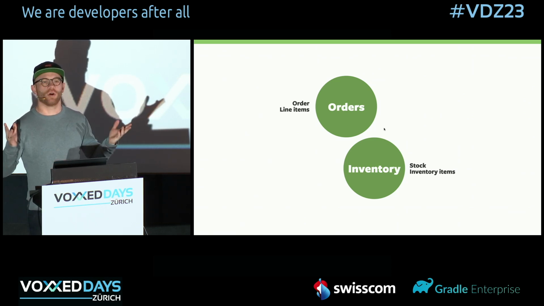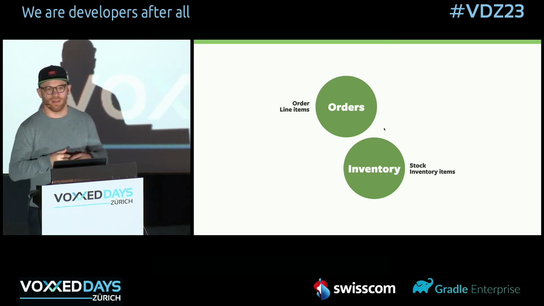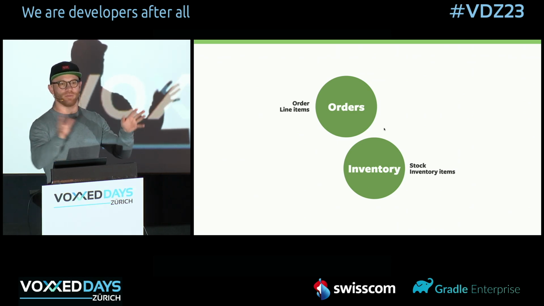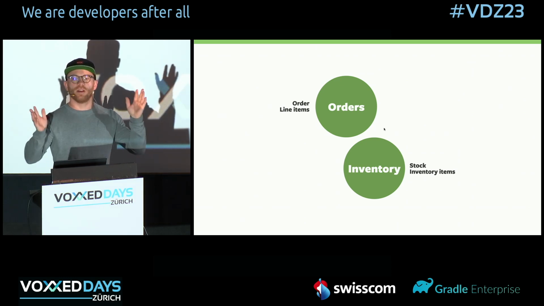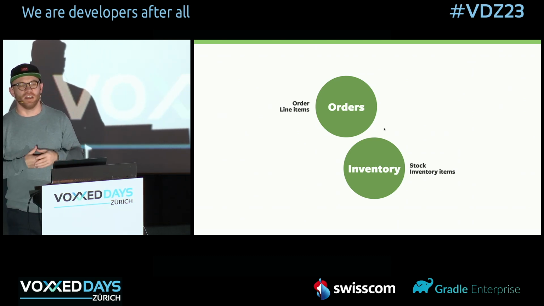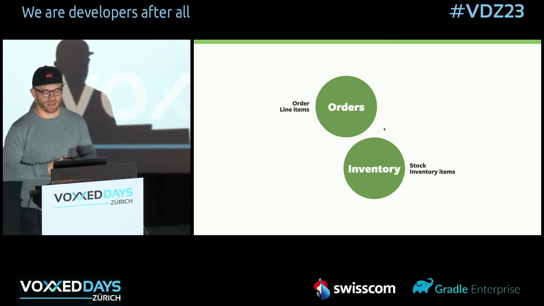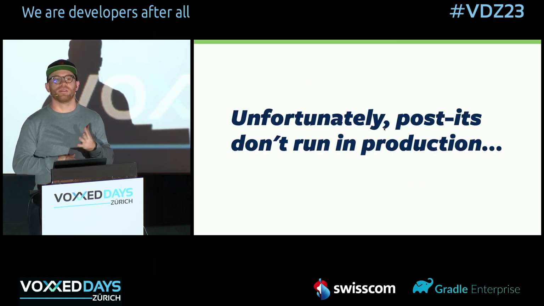I guess you have more complex domains to deal with, hopefully. And the end of such an analysis usually is you've been through some event storming, you have a whiteboard full of post-its, you've come to an initial design. Okay, these are the functional parts that I want my application to consist of, and then that happens, right?